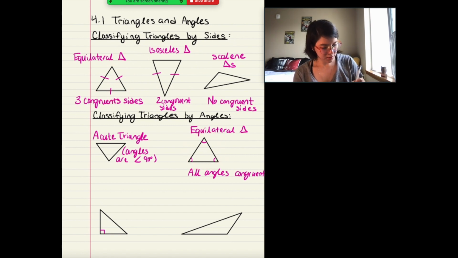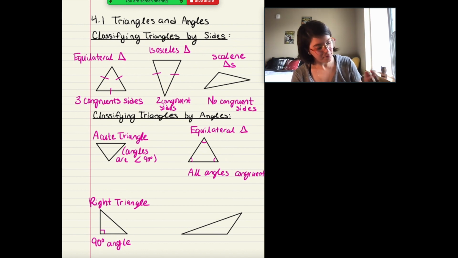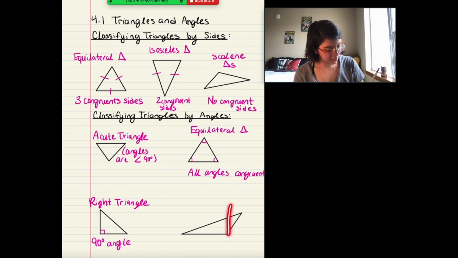In this third triangle, you can see we have a right angle, which is marked by this little box in the corner, which means that we have a 90-degree angle. And so we could classify this triangle as a right triangle. Finally, this last triangle, if you notice its angles, this guy looks to be more than 90 because a 90-degree angle would be more box-like, like this guy.